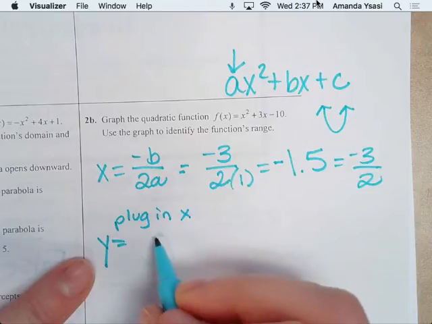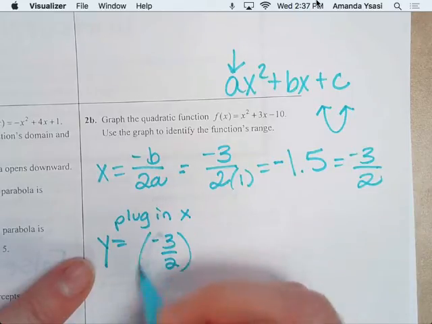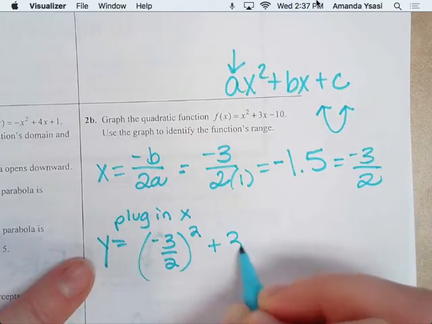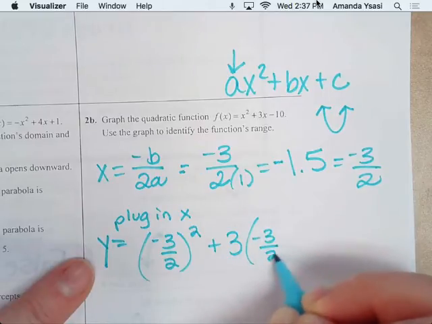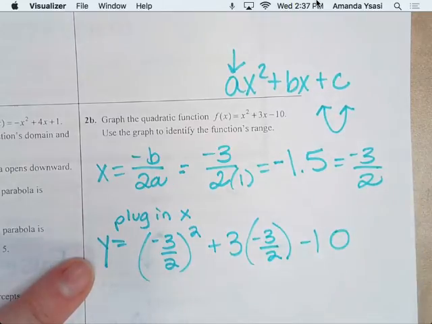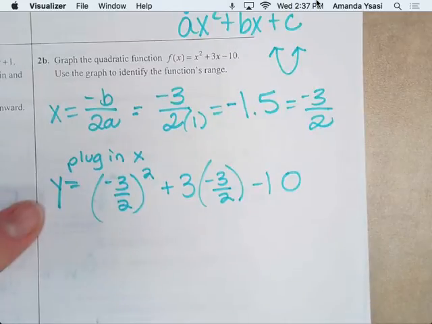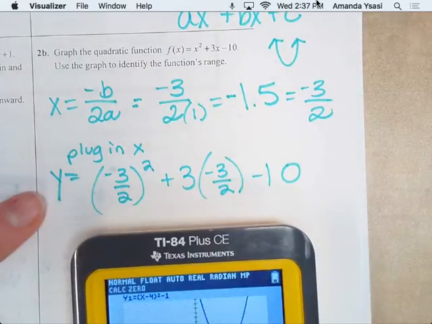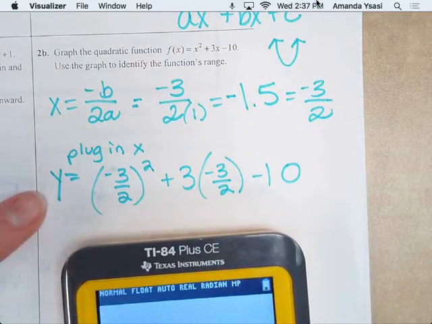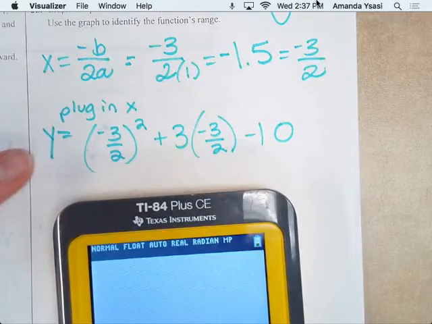So it'd be (negative 3 over 2) squared plus 3 times (negative 3 over 2) minus 10. And yes, I know we can do this all in our calculator, but you need to be able to show it on paper too.